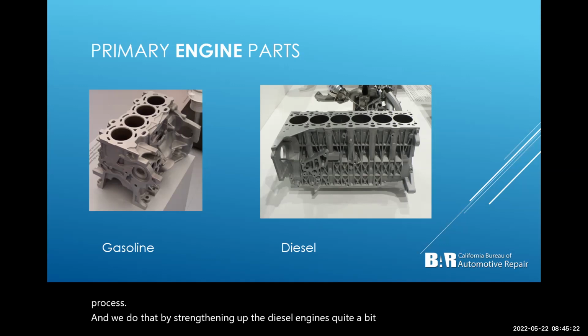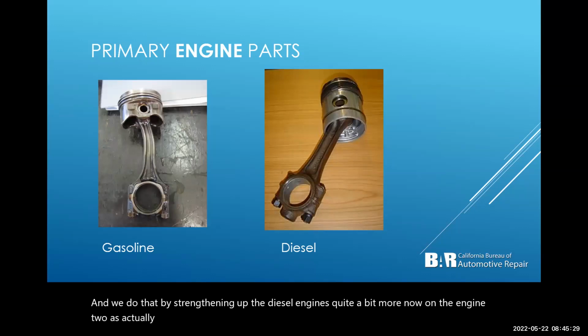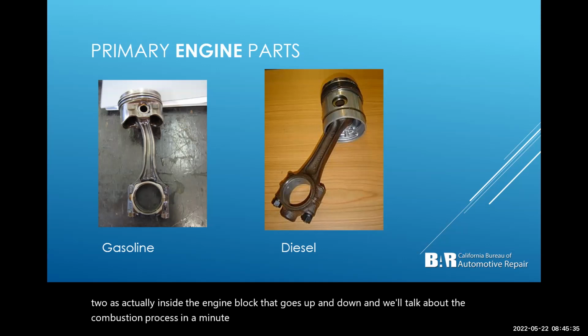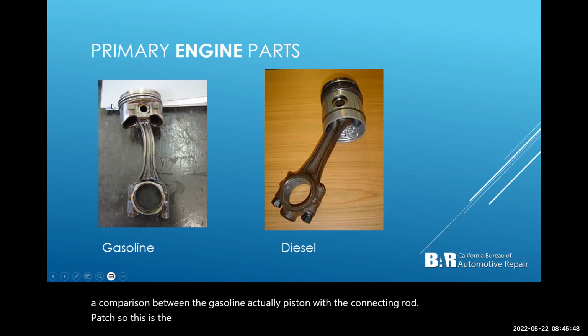Now on the engine too, there is actually a piston inside the engine block that goes up and down. And we'll talk about the combustion process in a minute here, but I want to show a comparison between the gasoline piston with the connecting rod attached. So this is the piston head right here.